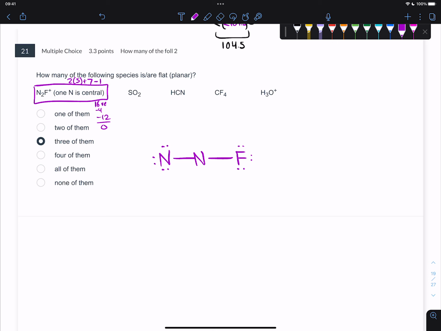So to fix that, let's pick one of these and make a double bond. It's still unhappy because now this nitrogen has 6 electrons touching it, 2 per line, right? So let's pick the other nitrogen to sacrifice again. And there we go. I'm going to move those electrons over here just because it looks better.